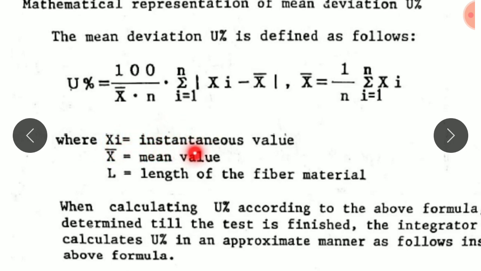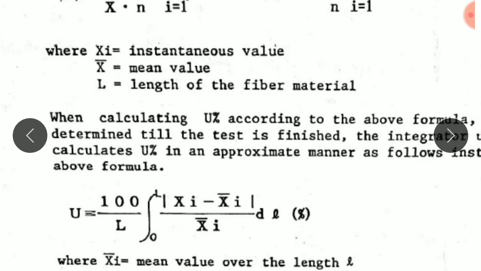X bar represents the mean value of all these 100 readings or 10 readings, whatever you have taken, and L is the total length of the material that you have tested. Now this is mathematically PMD. Now let us see how the instrument computes the value of PMD.